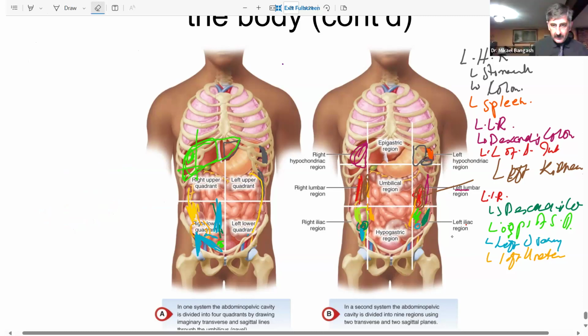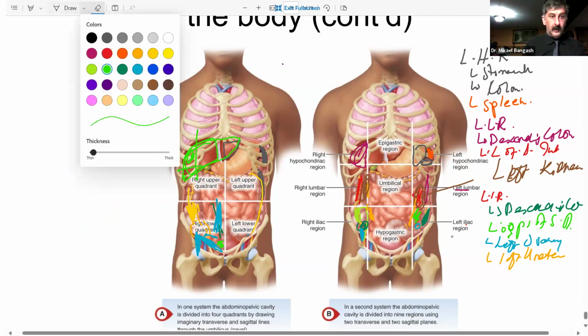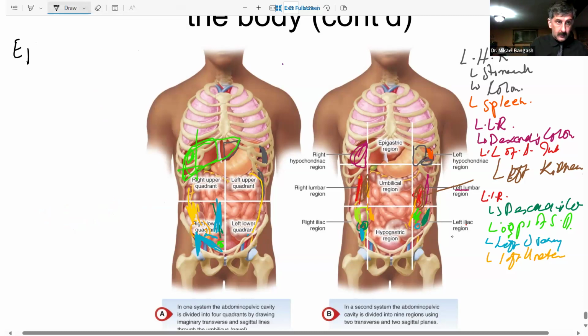Good, because we have these unpaired regions, or regions where you don't have a right and left. So our first region is going to be the epigastric region. This region here.